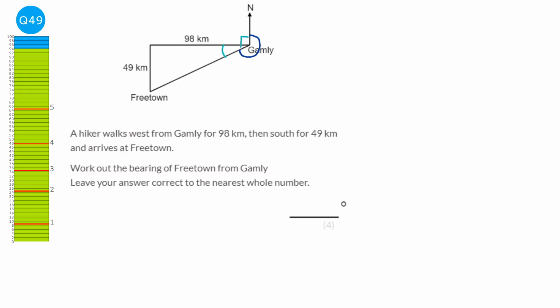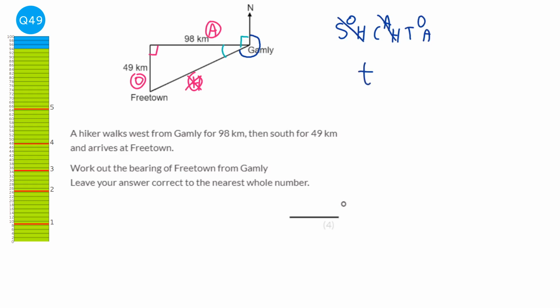So we're going to start by labelling the sides. Well, we've got a 90 degrees here, we've got a hypotenuse here, we've got the adjacent here next to the angle, and we've got the opposite, which is across from the marked angle. Here we're not using the hypotenuse, so we can cross that out. And we can do our SOHCAHTOA. And the only one that doesn't have the hypotenuse is TOA.